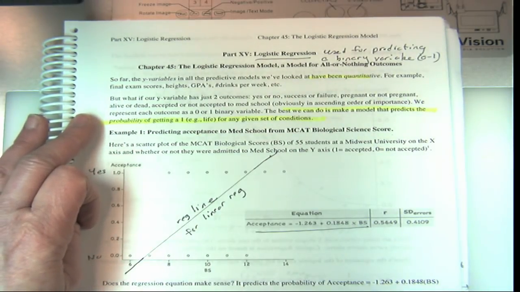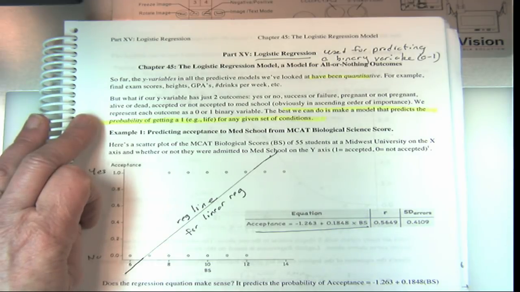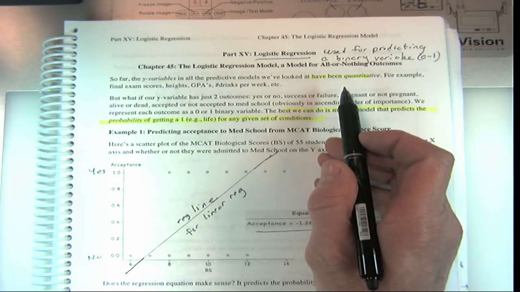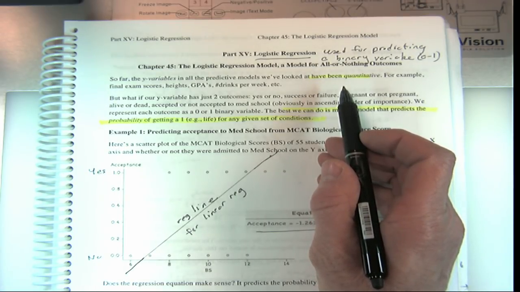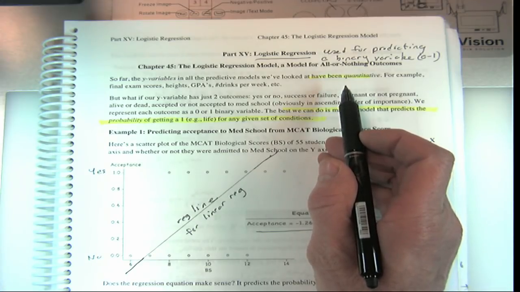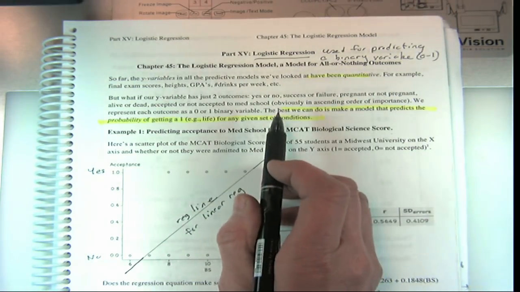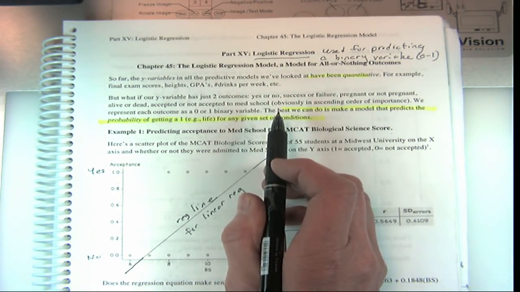So far, all the variables that we've been predicting have been quantitative. In other words, the answer is a number or a category that has more than 2 outcomes. But what if you only have 2 outcomes, like yes or no?